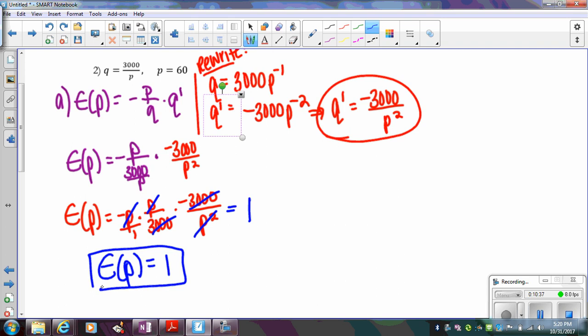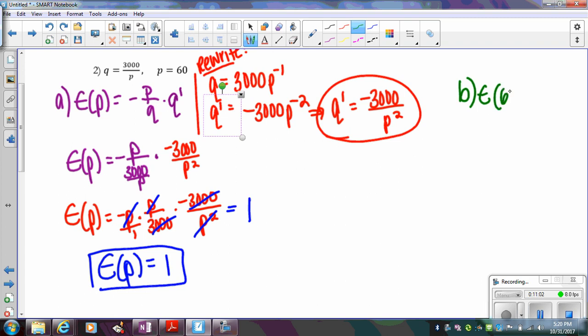So what that tells us is that for all values of P, the revenue is going to remain unchanged. Basically the revenue is maximized for all values of P. It's not going to change. So if we look at interpreting this by, for part B, plugging in a price, you're going to see that it's not going to change.